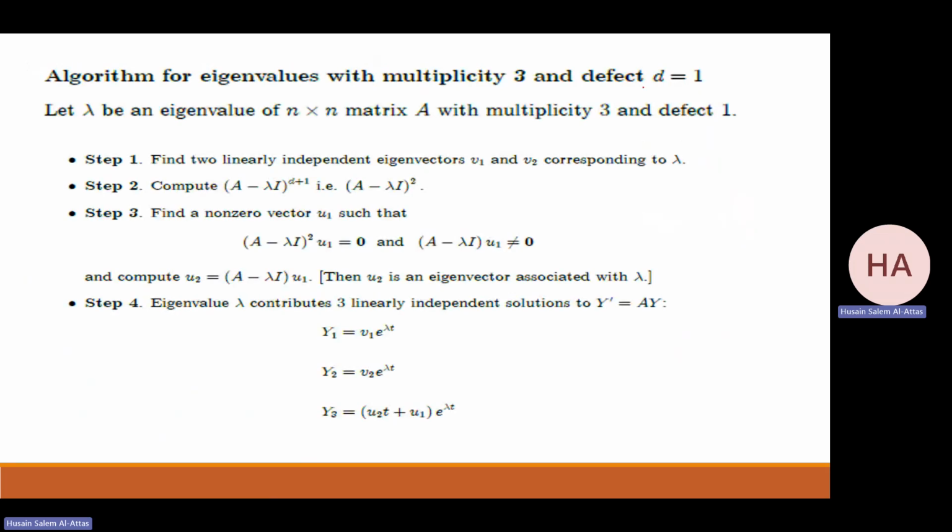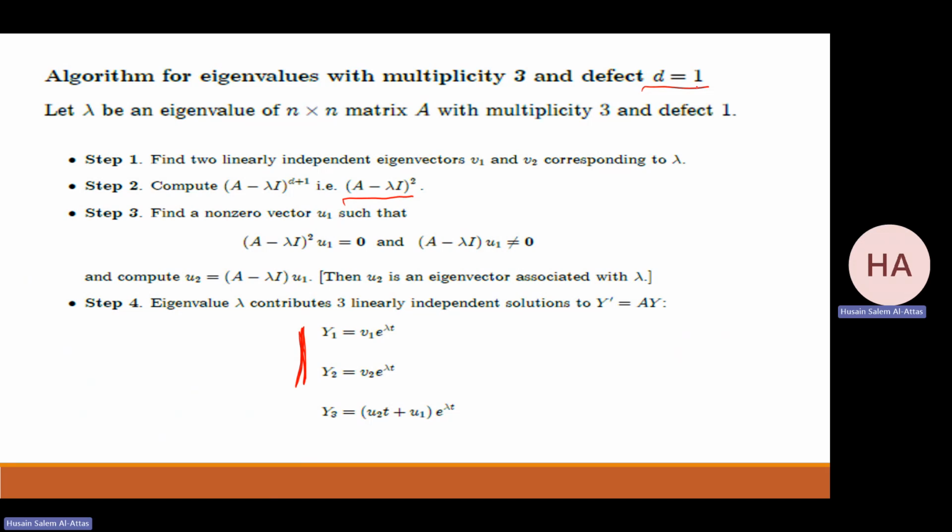Now if you have defect d equal to 1, so you have two linearly independent eigenvectors. For these two linearly independent eigenvectors, I will do it like the real distinct case, V1 e^(lambda t), V2 e^(lambda t). And for the third one, I'll do the same procedure as before. So I have (A minus lambda I) squared.